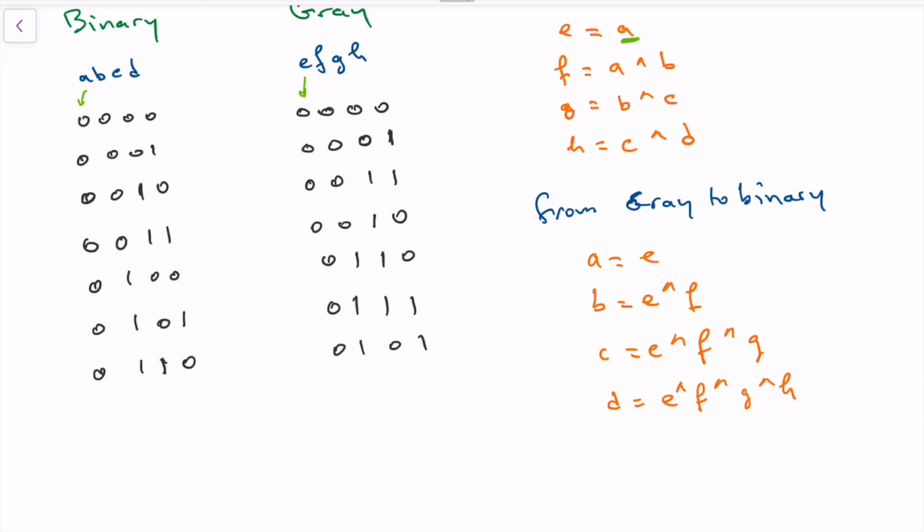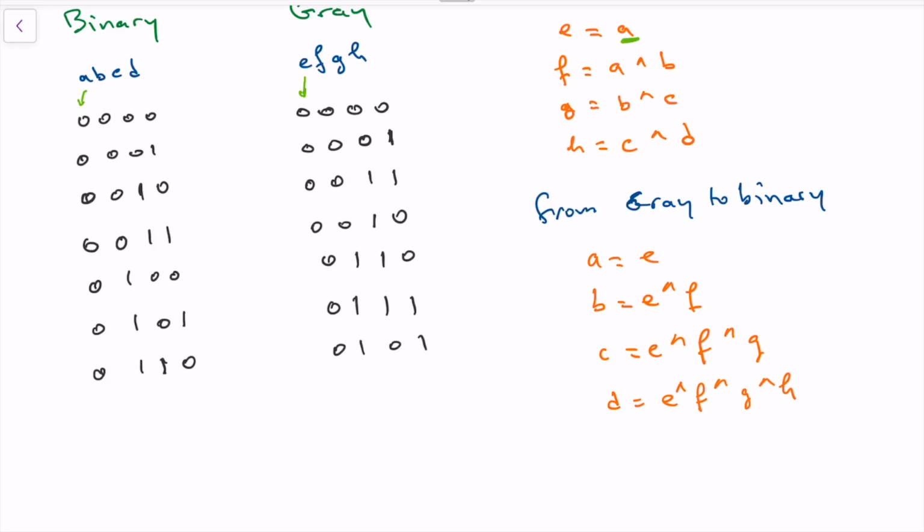And for D, take the XOR of the 4 bits. This of course generalizes to more than 4, but we are taking 4 here. And so the idea is for the first, it's just the first. For the second, it's the XOR of all the values before. Every time it's the XOR of all the values before. And the last one is the XOR of all the bits from the gray code.